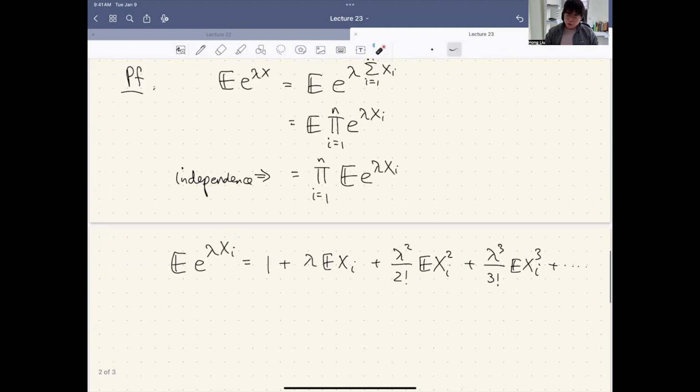What do we know? We know xi has mean 0, so this term is 0.